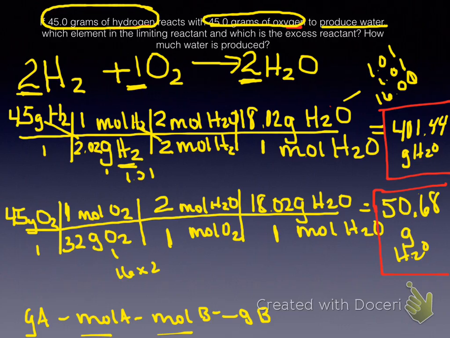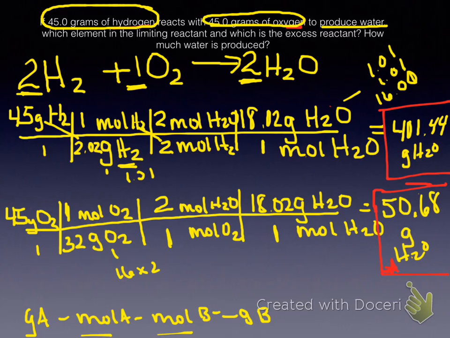So since this is the smaller amount, the oxygen runs out first. If we start with these amounts, once we produce 50.68 grams of water, our reaction is going to stop because we're going to be out of oxygen. There's going to be no more oxygen to keep our reaction going.